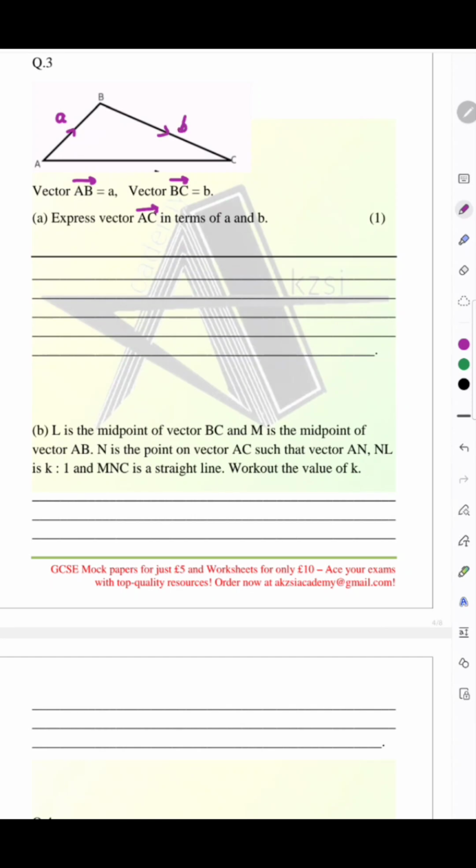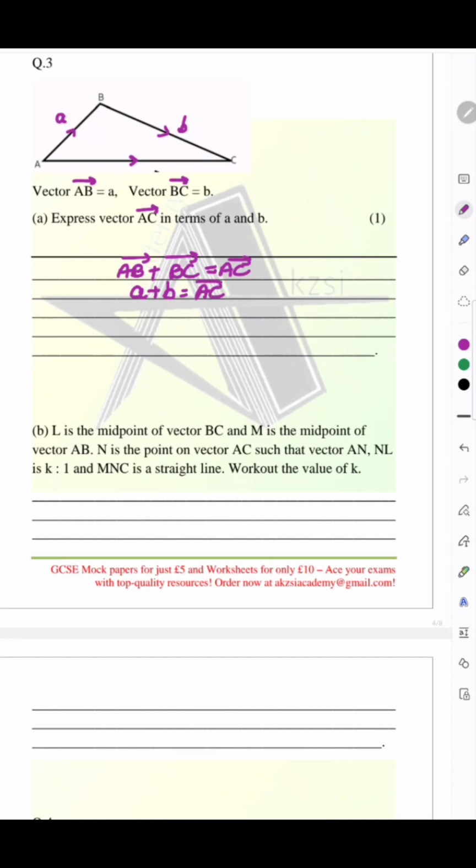Then what would be the vector AC? Applying the triangle law of addition, vector A to B plus vector B to C is vector A to C. So vector A to B is a, vector B to C is b, hence vector A to C is a plus b.